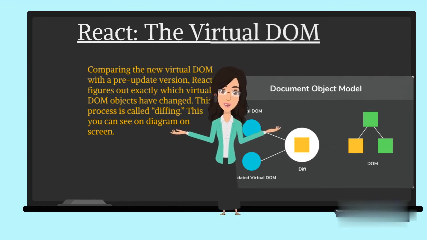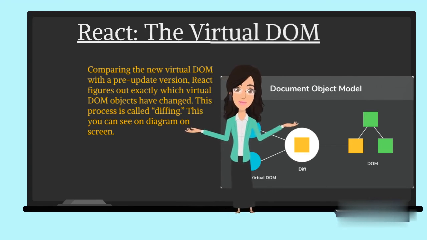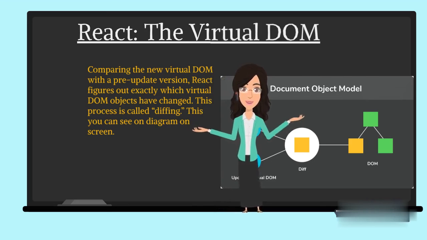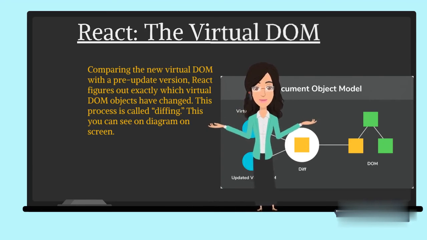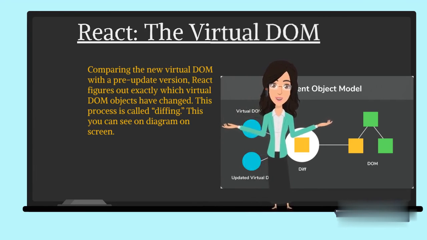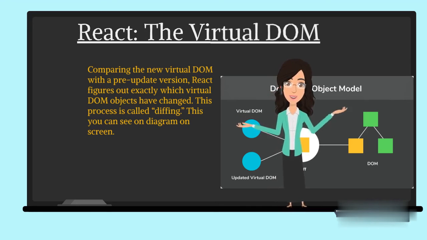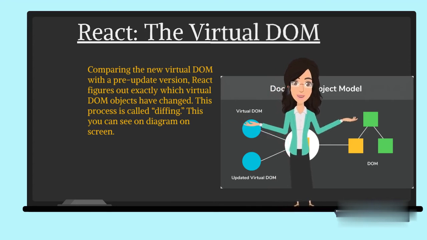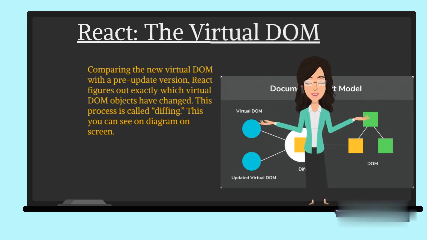Once React knows which virtual DOM objects have changed, React updates those objects and only those objects on the real DOM. In our example from earlier, React would be smart enough to rebuild your one checked-off list item and leave the rest of your list alone. But this is only possible because of the virtual DOM.